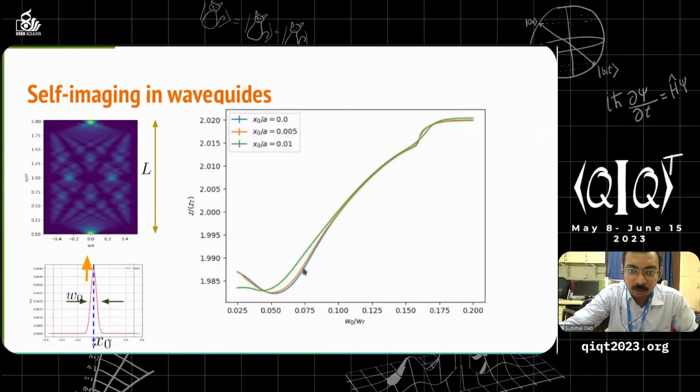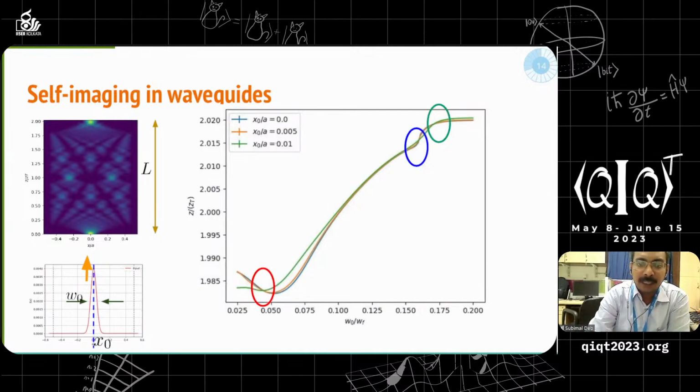The blue and the orange ones move almost parallel to each other, but the green one shows a typically different behavior. We do not move it too far away so that we do not excite too many of the higher order modes. But this does reveal something interesting at these three places. I have marked the three regions in red, blue, and green, and it looks like we have the curves crossing each other.